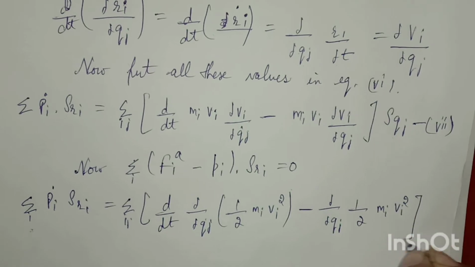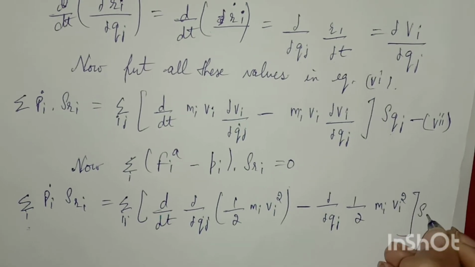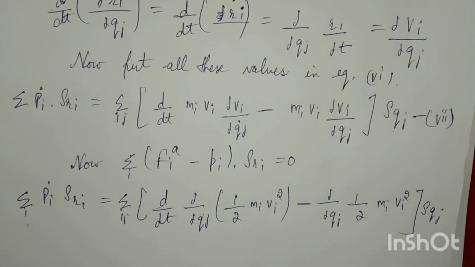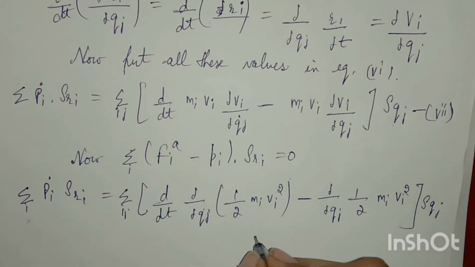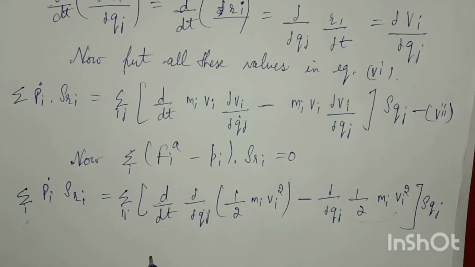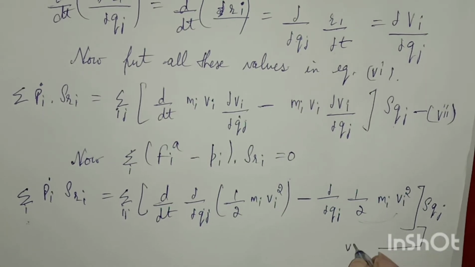Here again we close bracket, and there is δq_j. This is our kinetic energy equation, ½mv², and this is also ½mv², which is our kinetic energy. This is our equation number 8.